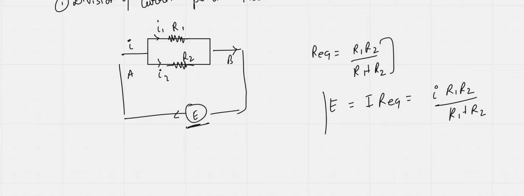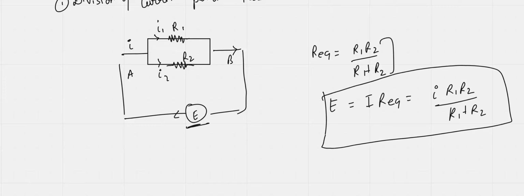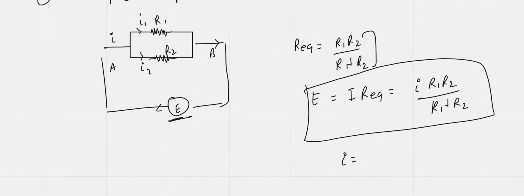I think till here you don't have any doubt. Yes, sir. And you also know that E is equal to I1 R1, E is equal to I2 R2. So I just have to equate both of them.